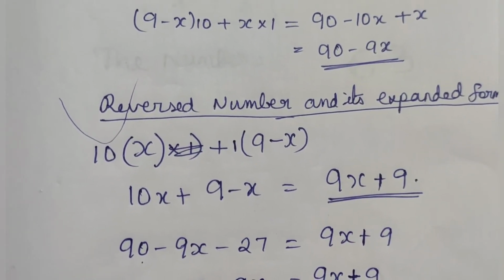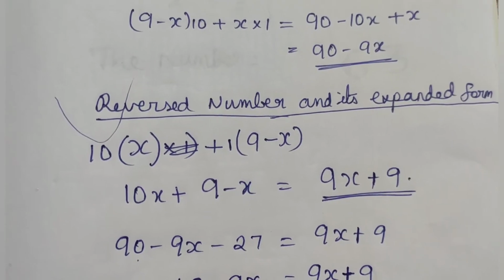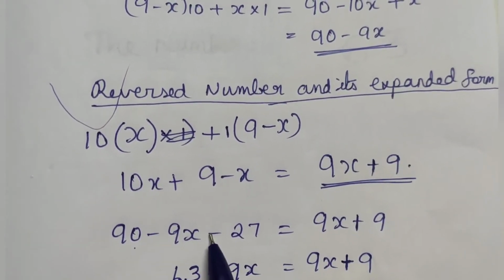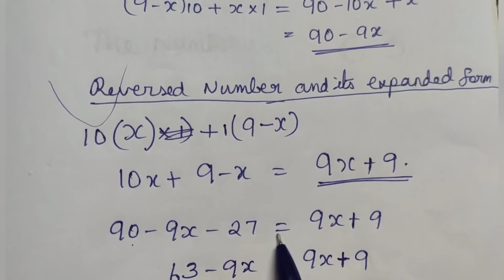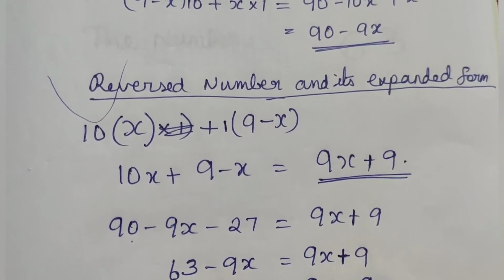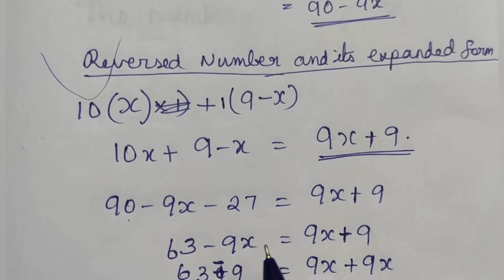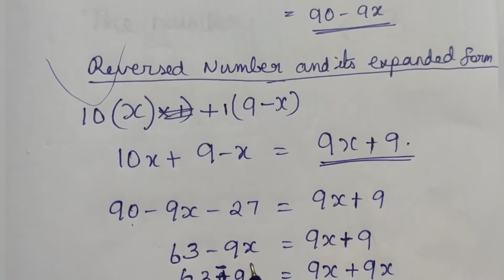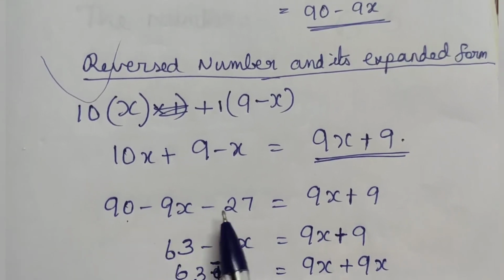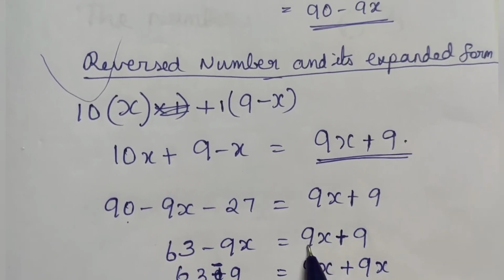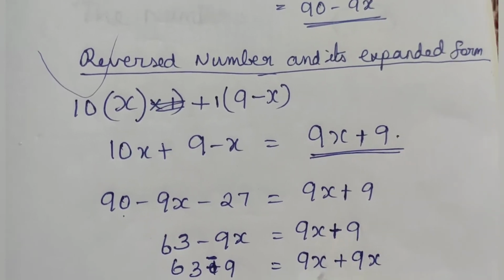They say that when 27 is subtracted from the original number, 90 minus 9x, you get the reversed number, 9x plus 9. Now I take all the x to one side and numbers to the other. 90 minus 27 is 63, minus 9x is equal to, same I copy, 9x plus 9.